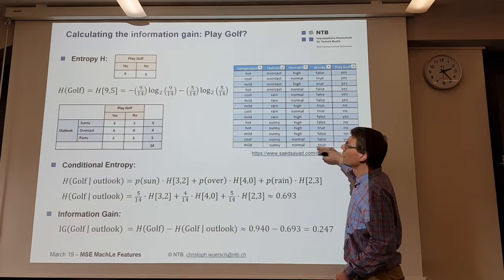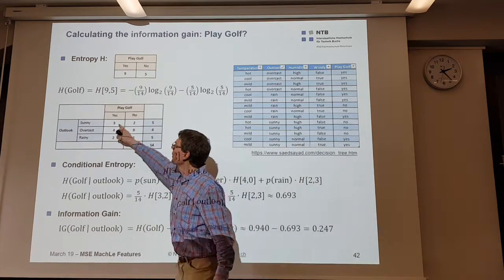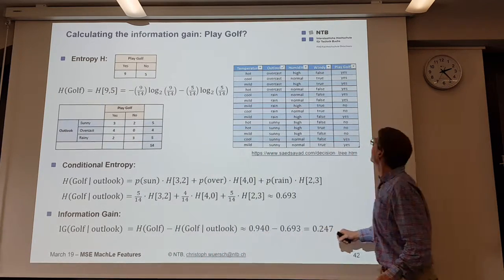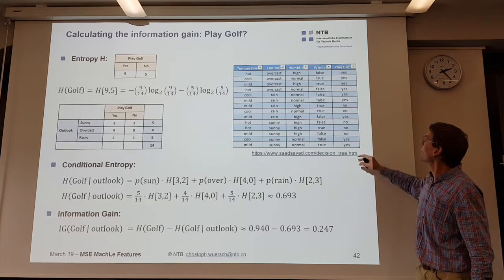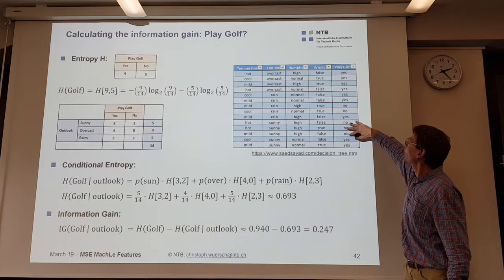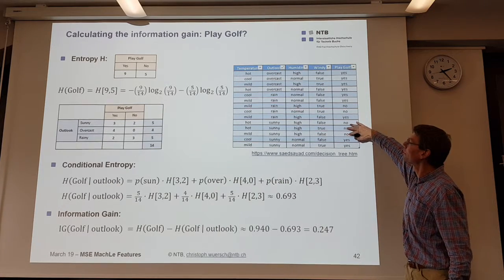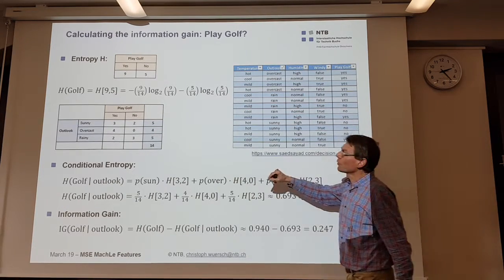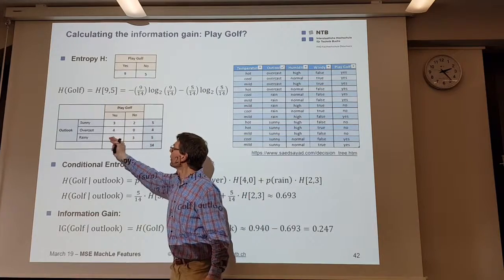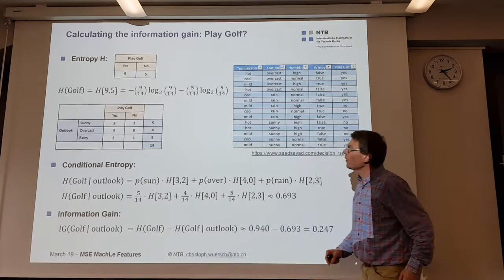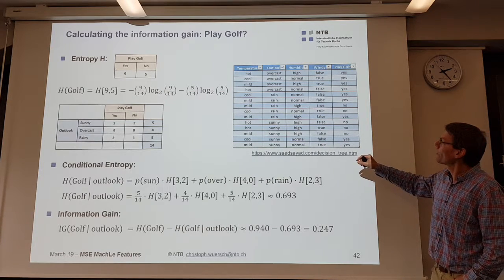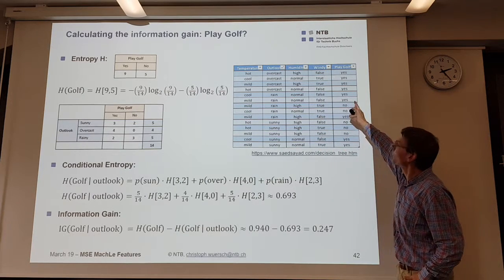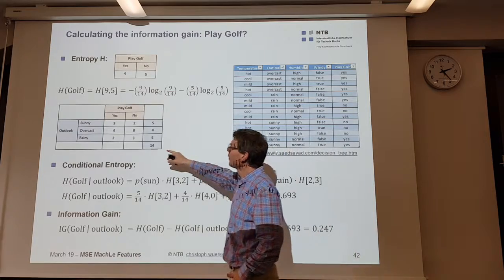It's only 2 in this table, right? If we go play golf, no, it will be 3, right? Yeah, so we switch here. If it's overcast, do we play golf? Overcast, we have 4 yeses. This is correct.